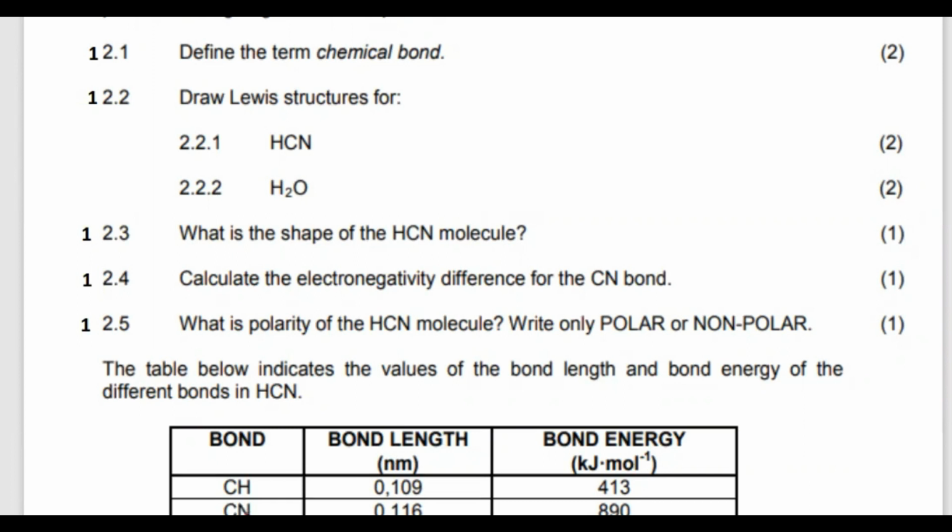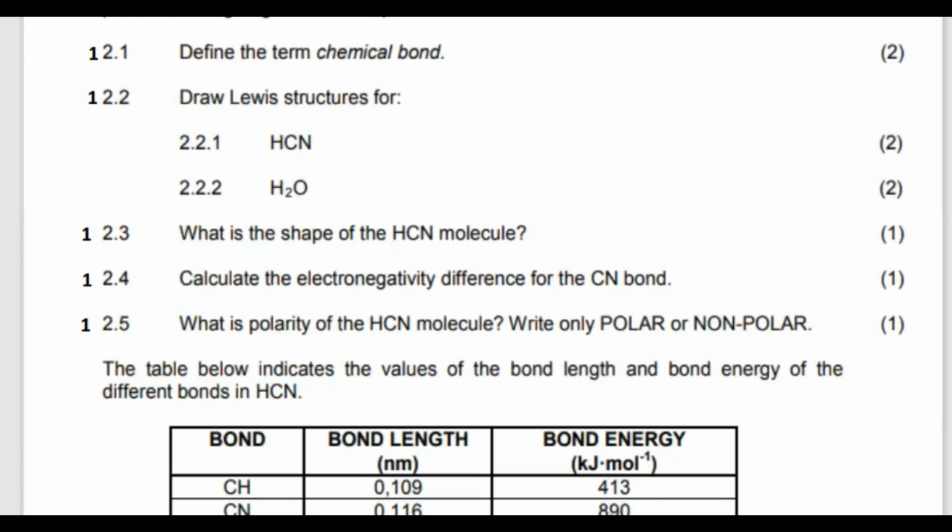It must be a force of attraction between atoms, or it can be between the molecules or between the ions, so that they form the molecule. Force of attraction between two different atoms. It can be atoms, it can be ions.